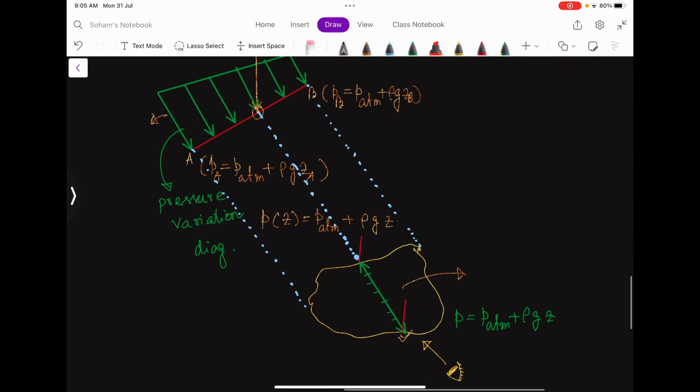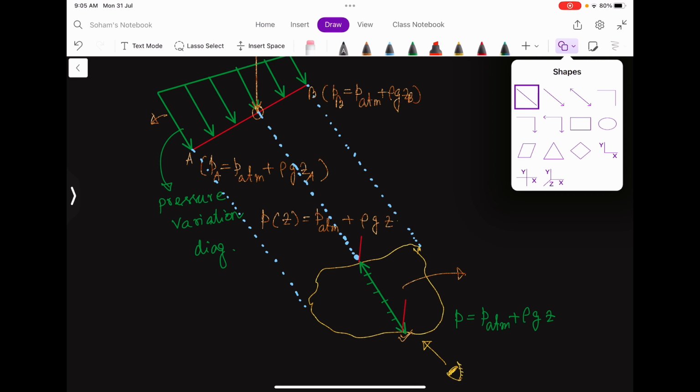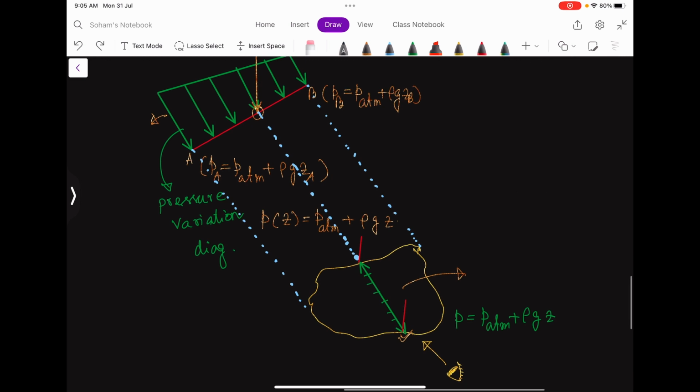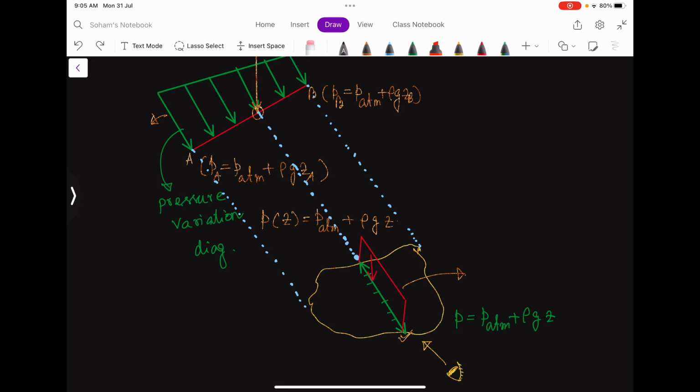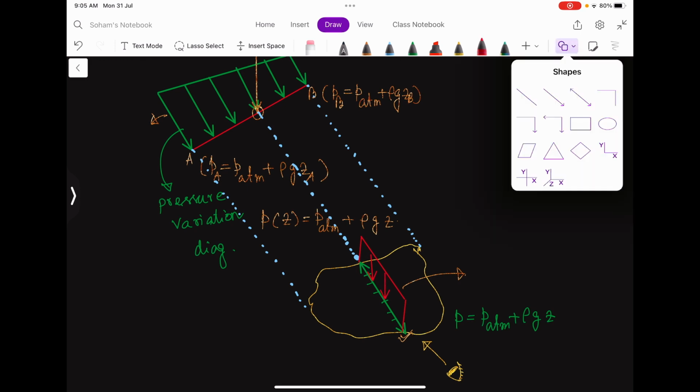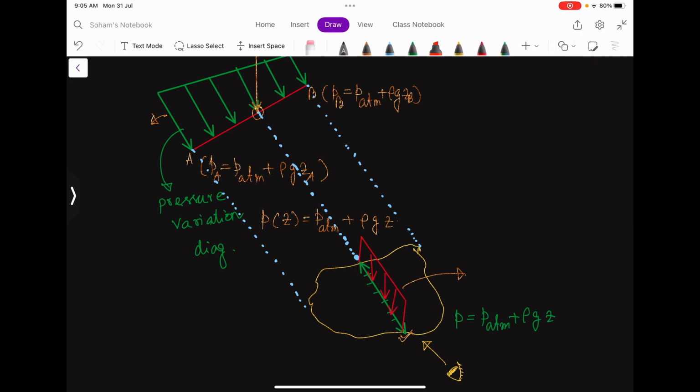So this rectangle, all these arrows have the same length, and this length is nothing but the magnitude of pressure.